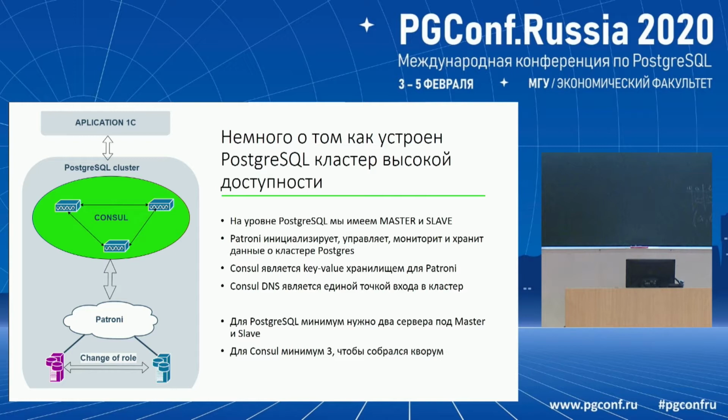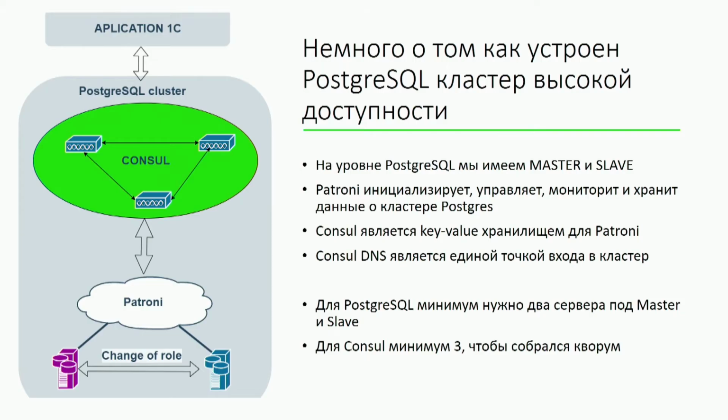Here I will speak about the general picture, the general arrangement. I will provide details about it later. So how is the cluster organized? At the lower level, we have Postgres, master and replica, followed by the managing system, Patroni.